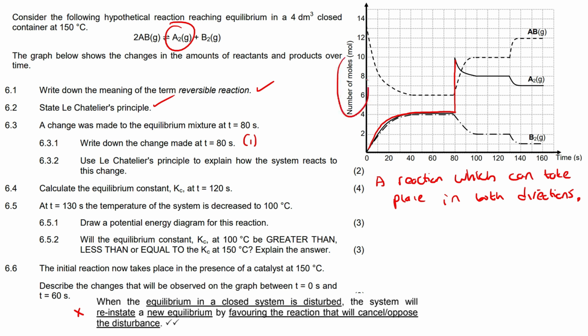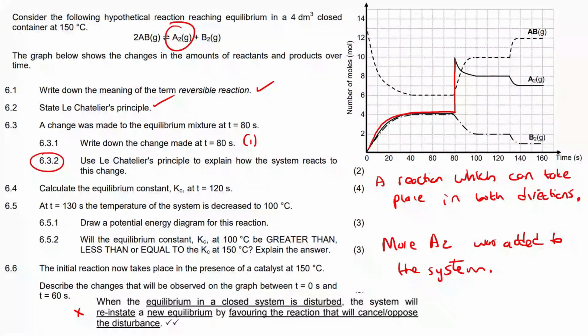Because we see here that this is number of moles. So we can just say more A2 was added to the system. You can also say the concentration of A2 was increased. That's also valid. Okay, now it says use Le Chatelier's principle to explain how the system reacts to this change.